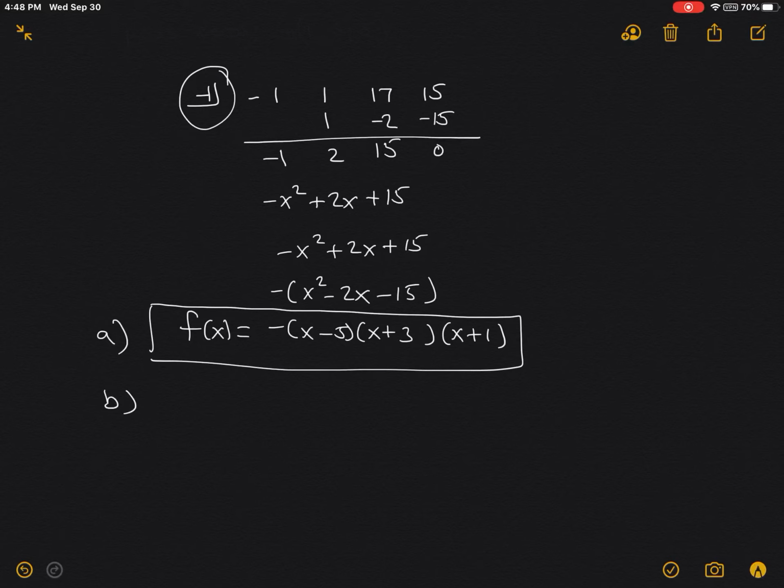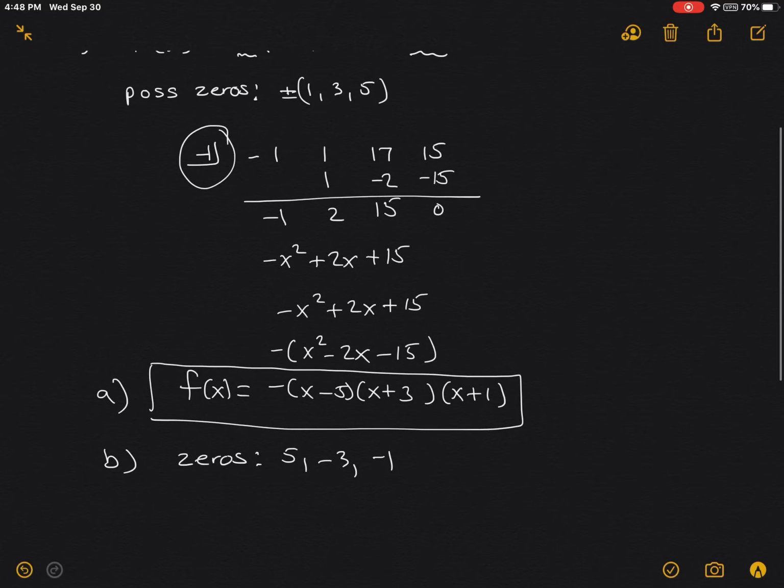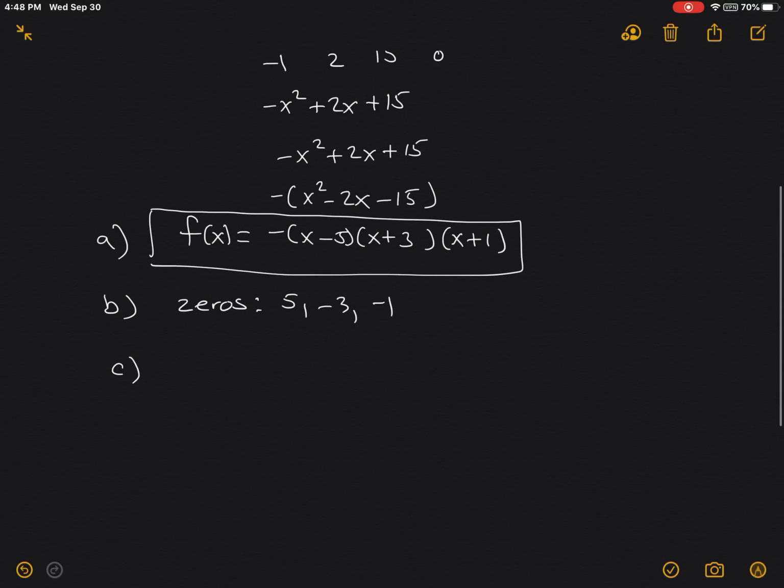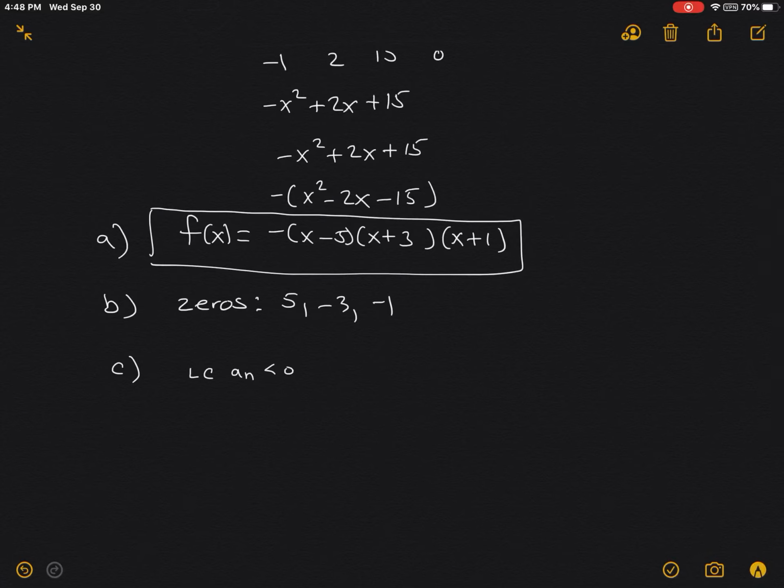Once you have part A, part B is fairly straightforward. You could do it in your head. The zeros are going to be 5, negative 3, and of course negative 1, which we got by using our rational root theorem. And then a reminder on how to sketch. The leading coefficient, a sub n, in this case, is less than 0.